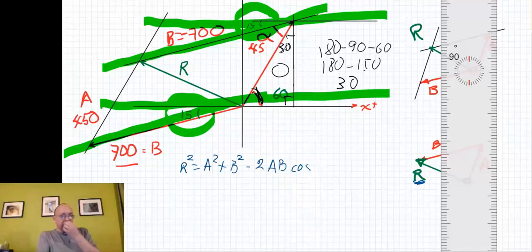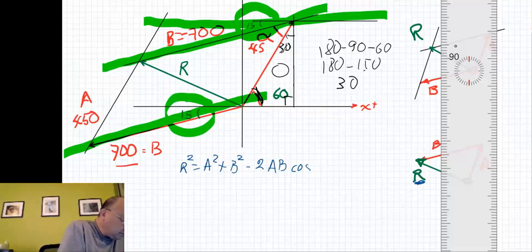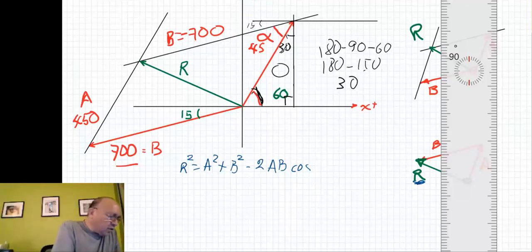So those angles are the same. All right? Okay, thank you. You're quite welcome. Okay, so that comes to the conclusion that that angle is 45. Can somebody find, please, R?